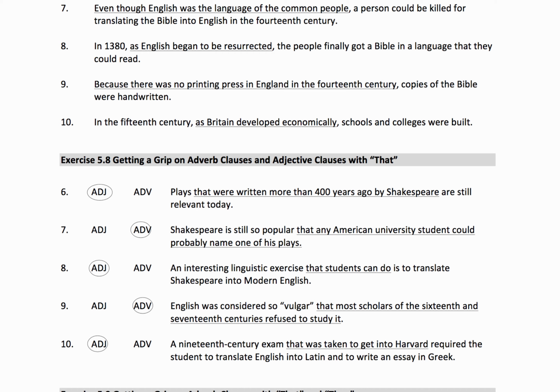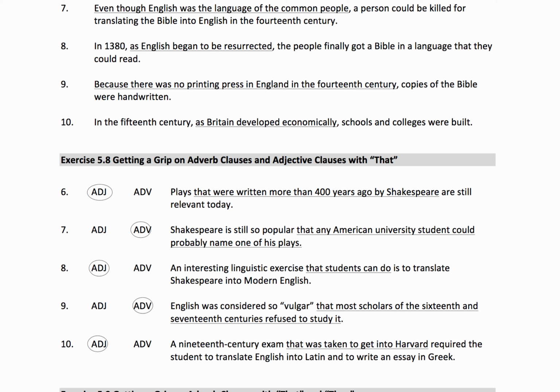Number 8, an interesting linguistic exercise that students can do. So again, what kind of exercise? One that students can do. So this is answering that essential adjective question, which one? Number 9, English was considered so vulgar that.